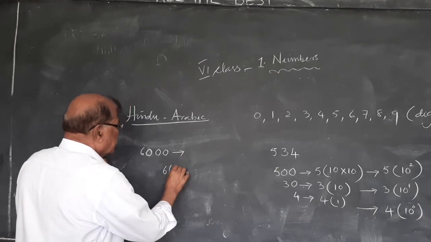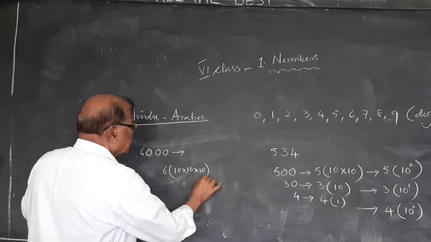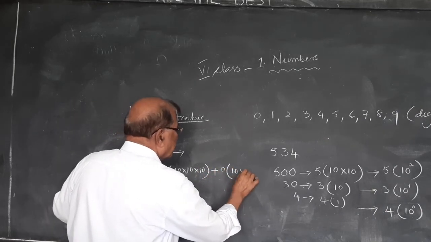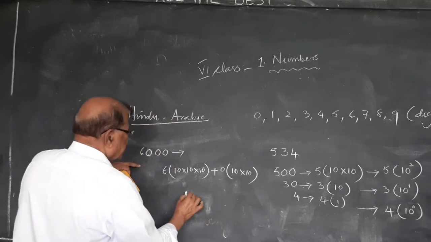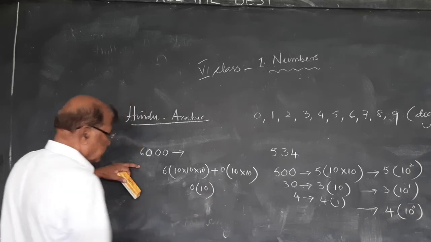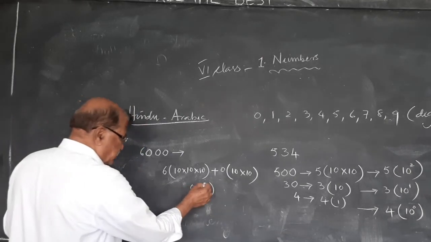Instead of writing like this, you can write 6 into 1000 plus 0 into 100 plus 0 into 10. 0 into something is 0.